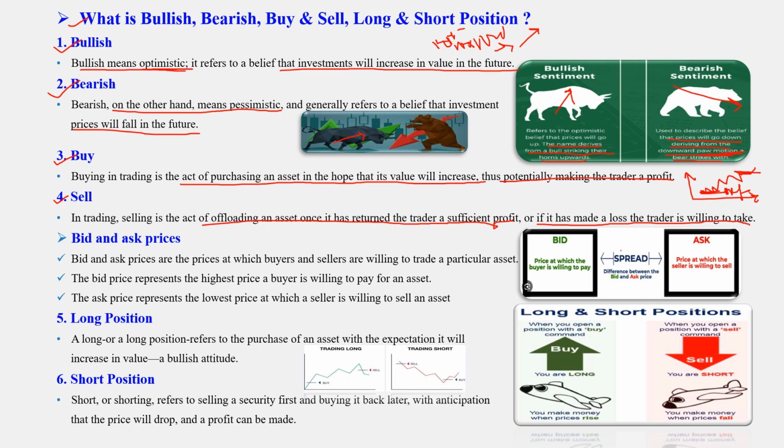Offloading means we need to sell this asset here. But if the market goes down, we are willing to take some losses, we need to exit this position, we need to sell this position, and this position is also called a sell position. This is called a sale, right?